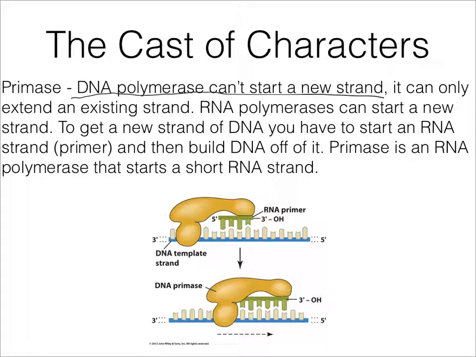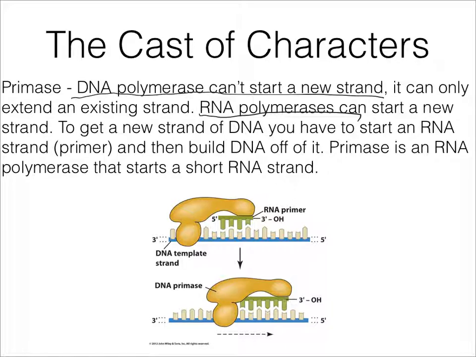So, we need to make a new strand of DNA. But DNA polymerase can't do that. On the other hand, RNA polymerase can. RNA polymerases do it all the time when they transcribe DNA into RNA.